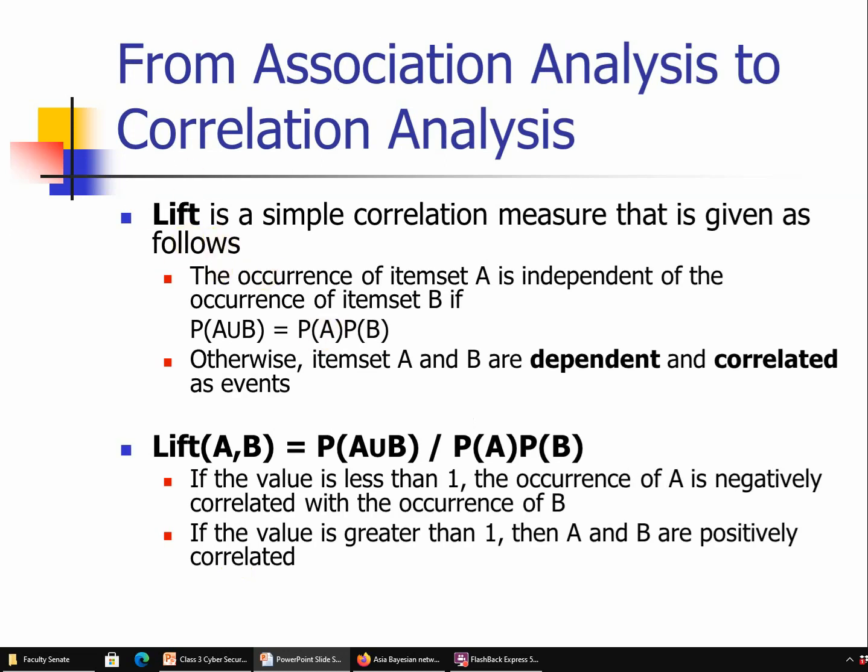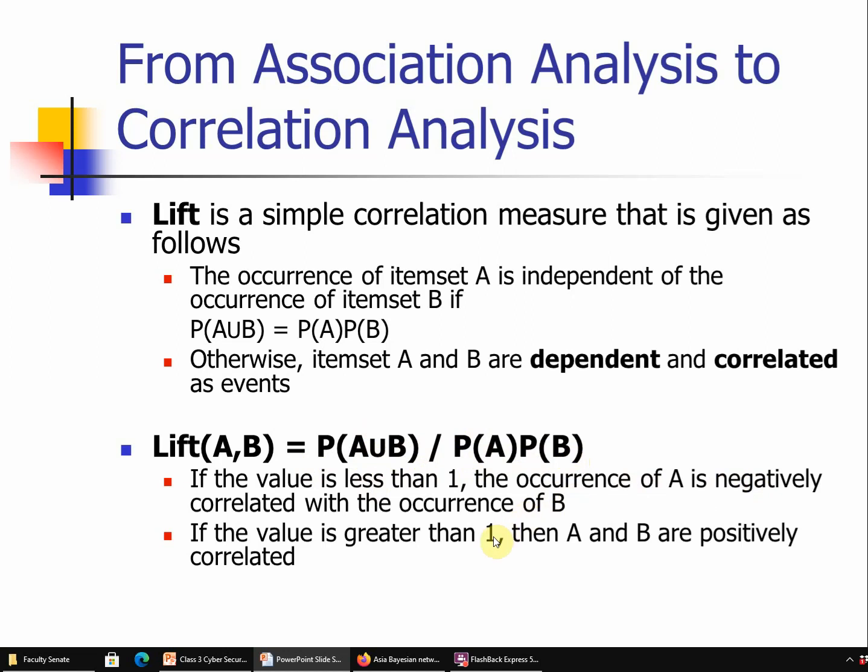And lift is what we would be able to use to see if they are positively correlated or negatively correlated. The way we calculate is P(A and B), the probability of A and B purchased together, divided by the probability of A multiplied by the probability of B. Exactly the same thing we used in the example. And therefore, if this is less than 1, then they are negatively correlated, as in our example.